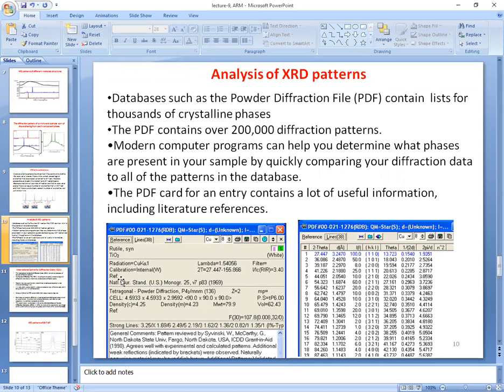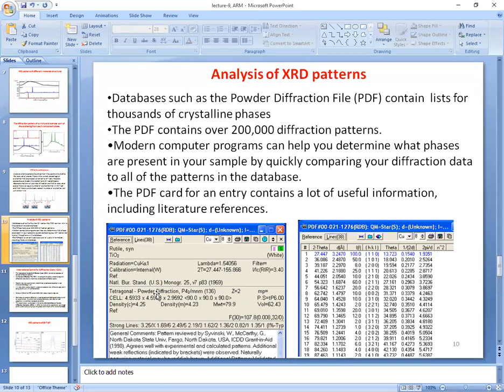Similarly, this is the calibration and reference. There is a lot of information. This is the wavelength of the radiation. These are the 2 theta values, the starting and stopping angles, and different other information, and it gives you the space group. Basically, every material has a specific space group. We will discuss it next semester in functional materials, what is a point group and what is a space group.